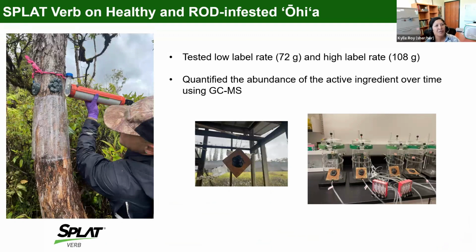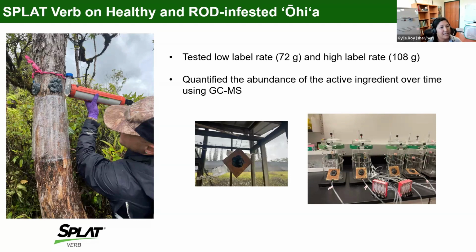We tested Splat Verb on healthy ʻŌhiʻa trees, to act as a preventative measure, to prevent them from getting inoculated and ultimately getting ROD. We also tested the Splat Verb product on ʻŌhiʻa trees that had ROD, ultimately trying to reduce ambrosia beetles in the ROD-infested trees and reduce the amount of frass they're producing, and ultimately inoculum spread in the environment.